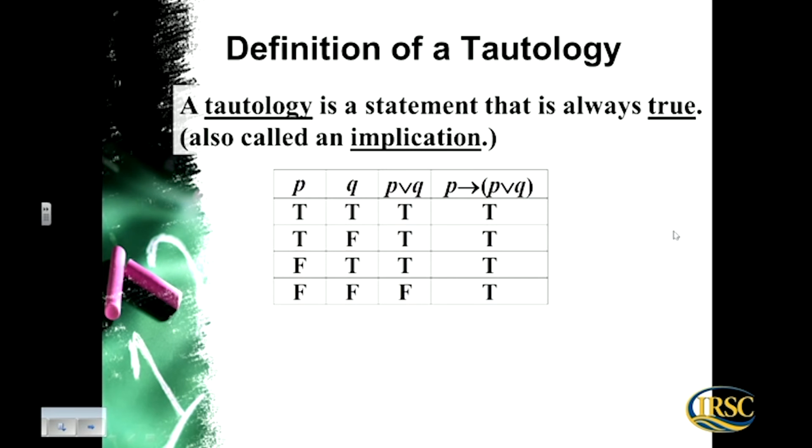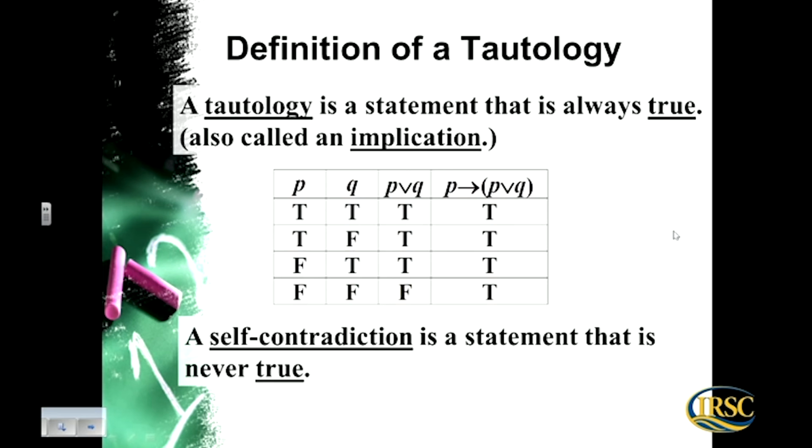If you even have one false in there, it's no longer a tautology, because a tautology is a statement that is always true. Doesn't matter what the P and the Q are. As opposed to a self-contradiction, which is a statement that is never true.